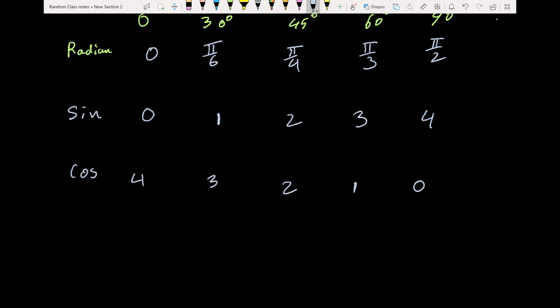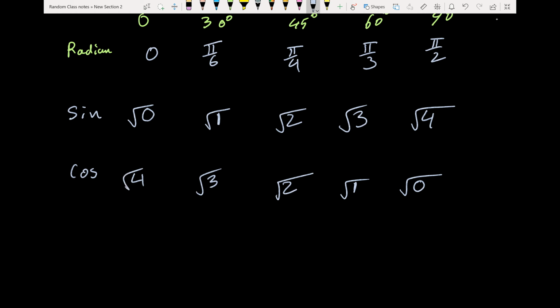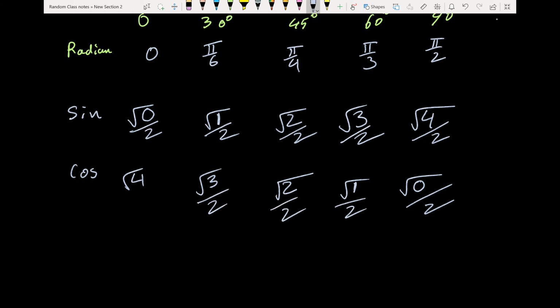Have I lost anybody yet? Do you guys know how to make the table? And then I'm just going to put square root on all of them. And then I'm going to divide everything by 2. Have I lost anybody yet? Everyone's good?